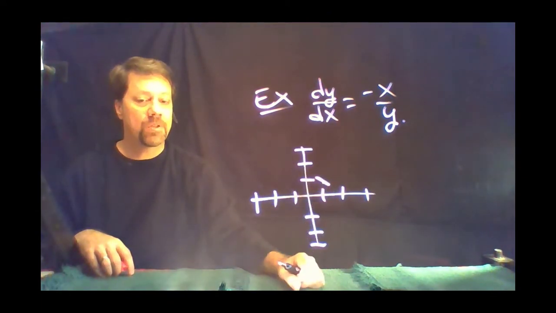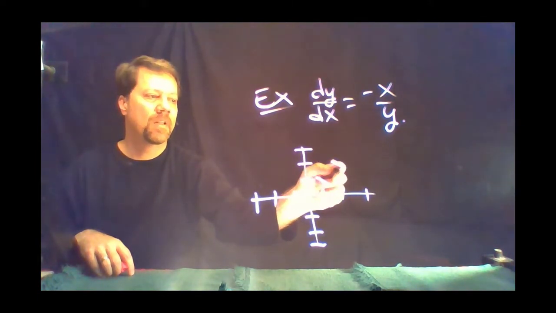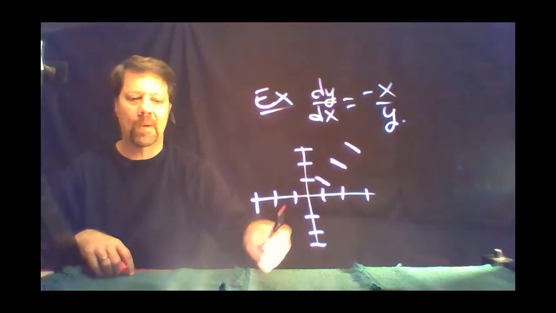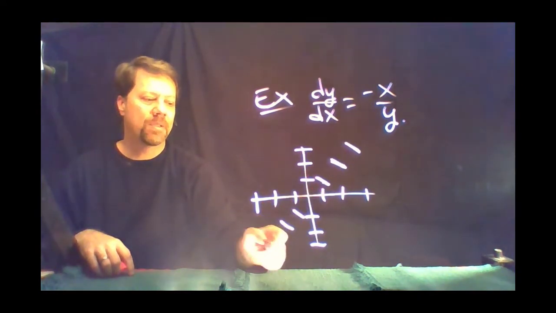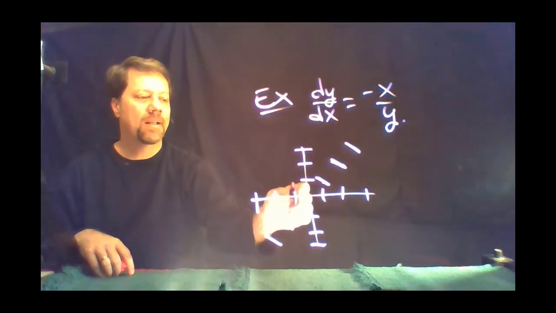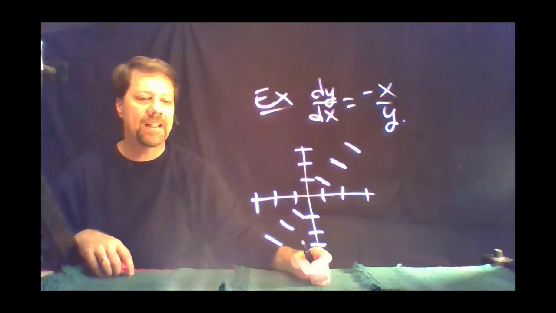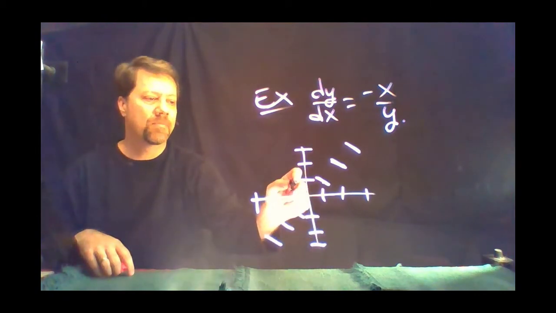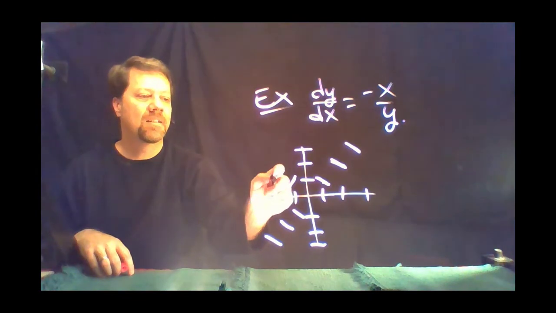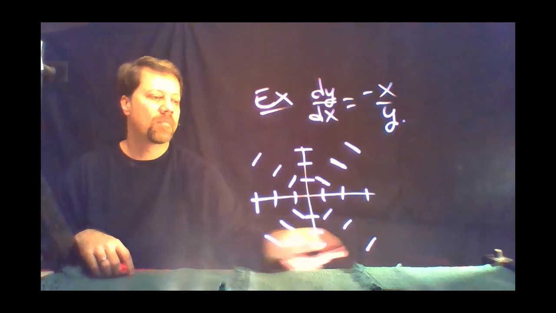The same will be true at 2, 2, slope of negative 1, and at 3, 3, also a slope of negative 1. Everywhere on the line y equals x, I will have a slope of negative 1. When x is negative 1 and y is positive 1, the slope is positive 1. In fact, everywhere where y is equal to negative x, we get a slope of positive 1, like this.